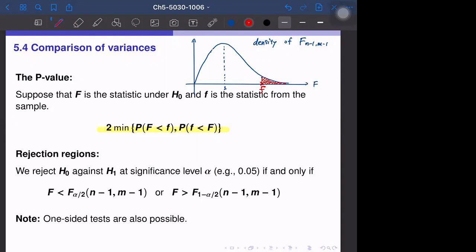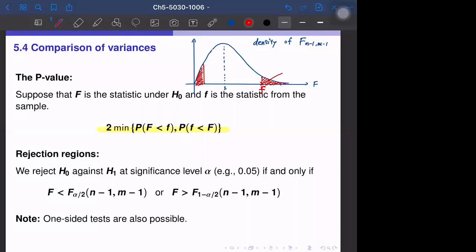Basically, this is an asymmetric distribution, so we cannot simply double one side. Hypothetically, we ask how extreme this statistic is. A more extreme situation than this small f happens only when the F statistic falls in this range or this range.